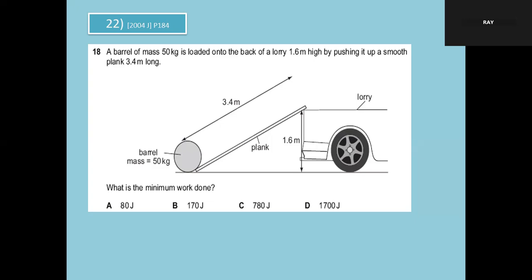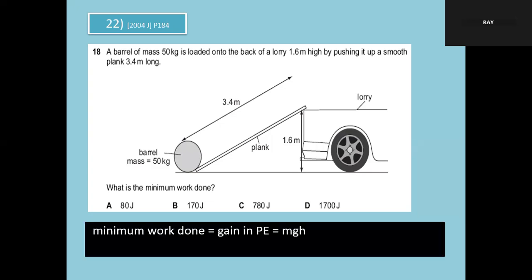What's the minimum work done? C. Right? Minimum work done is gain in potential energy, mgh. C. Okay? Yep.